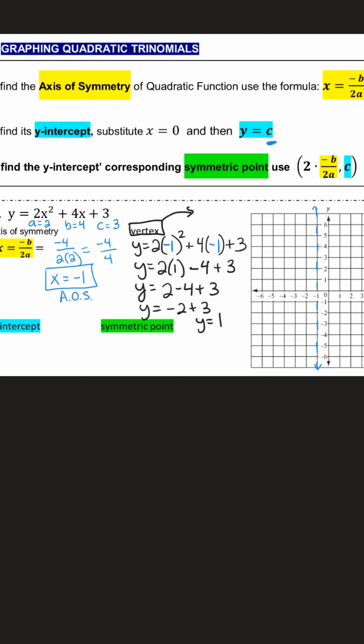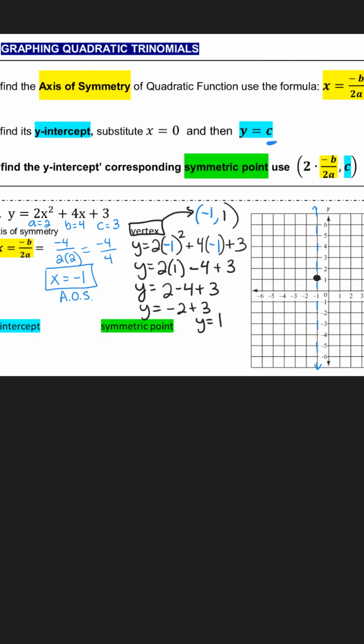So my vertex is going to be negative 1, comma, positive 1, that I got for y. So let's plot that. I'm at negative 1, positive 1, so that right there is my vertex.